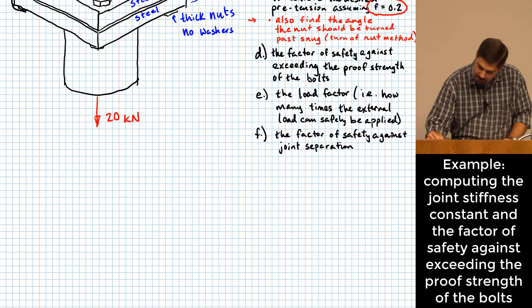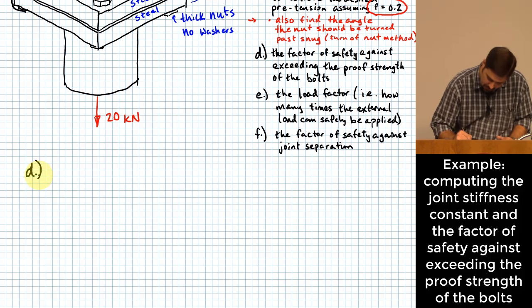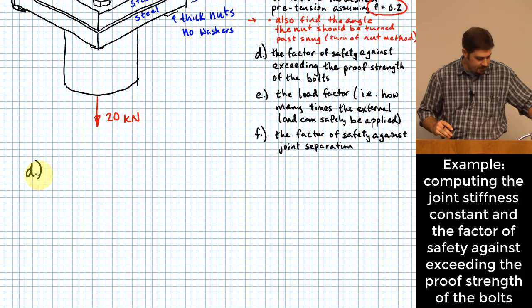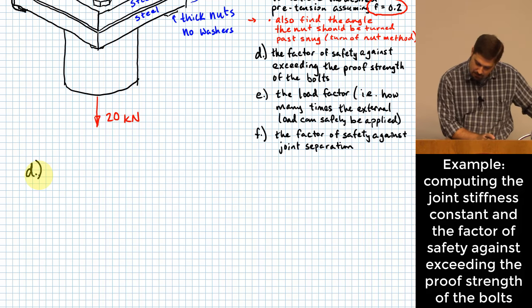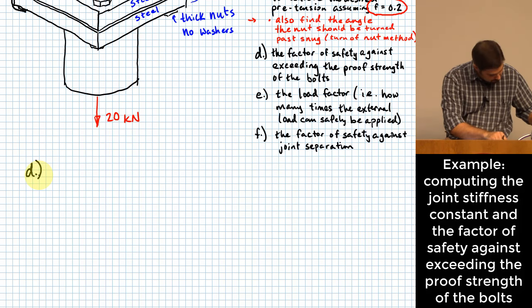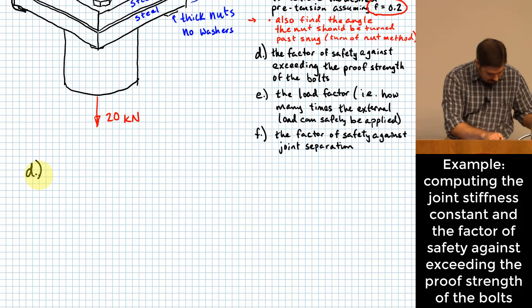One of the things that we need for that is our joint stiffness constant, because what we're doing here is looking for the value that they're asking for.